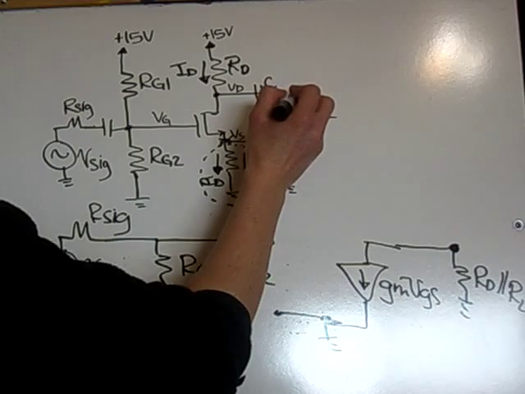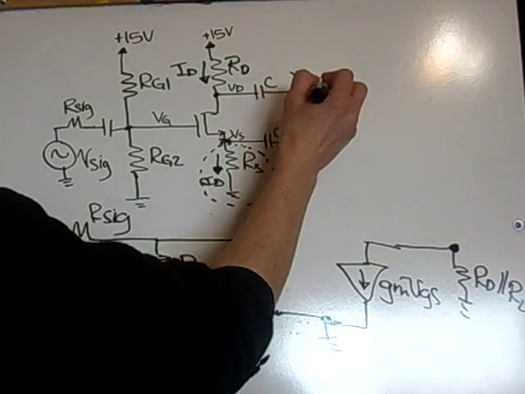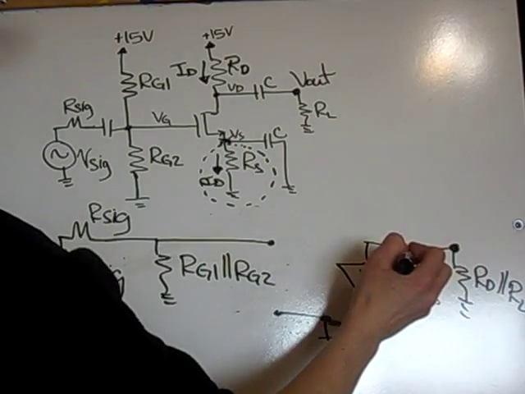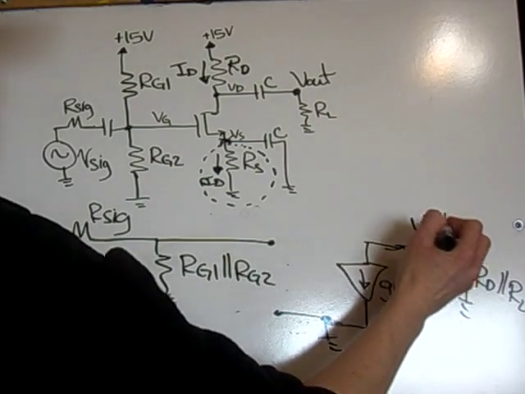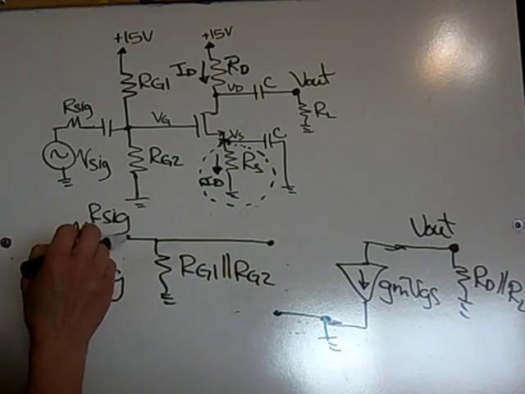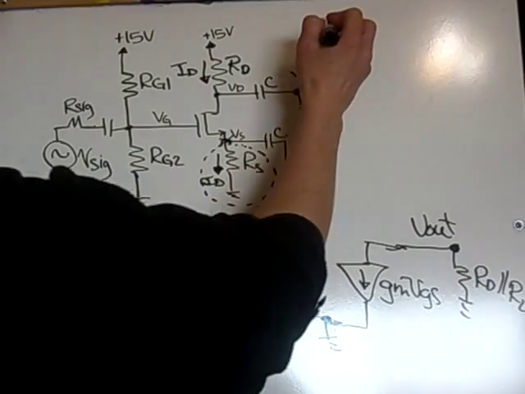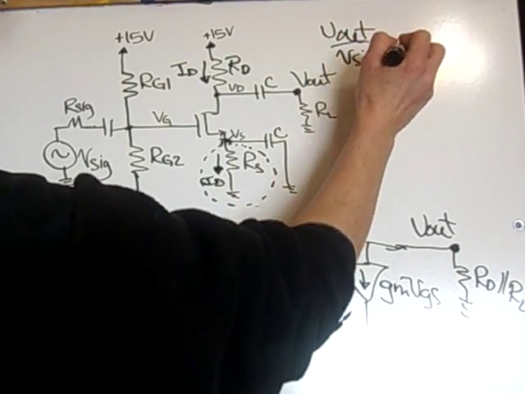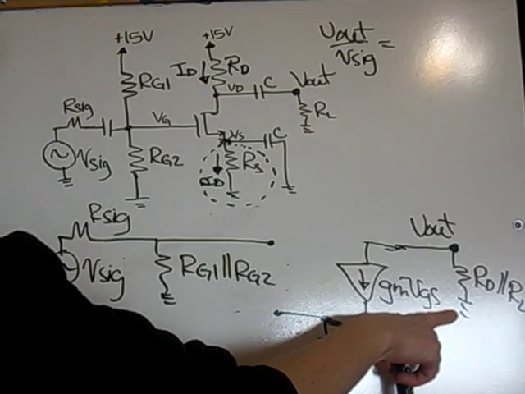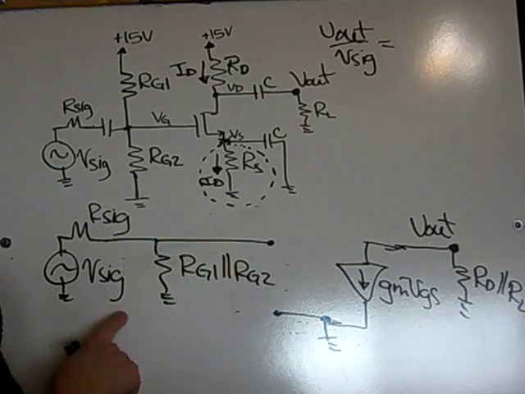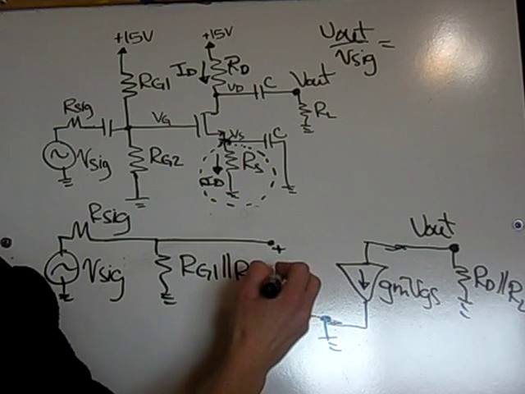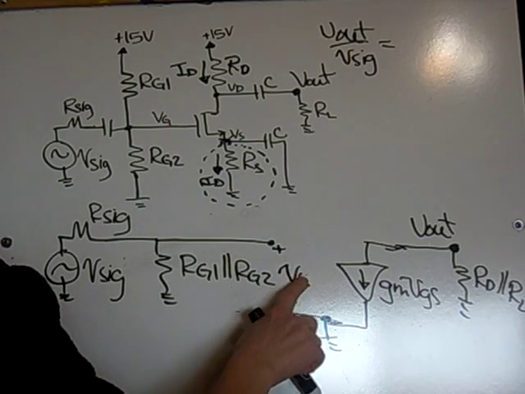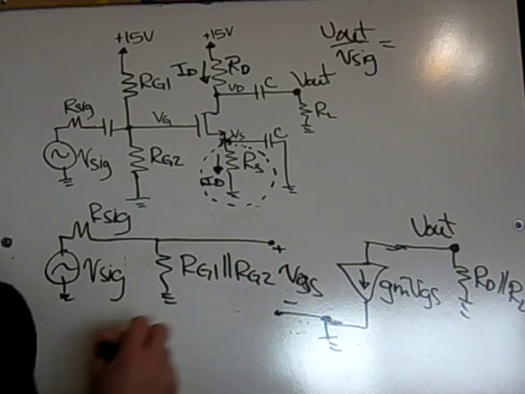My V out is going to be taken here. So V out over V in, or V sig, is going to be the minus gm VGS times these two, and then VGS is across here, a voltage divider.